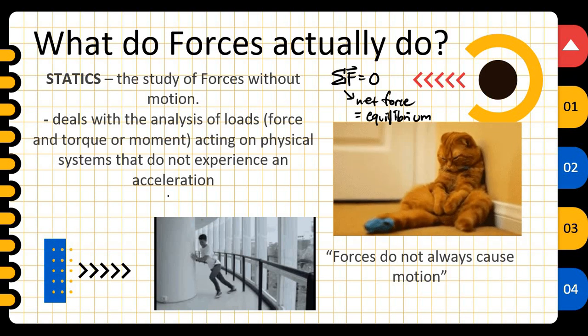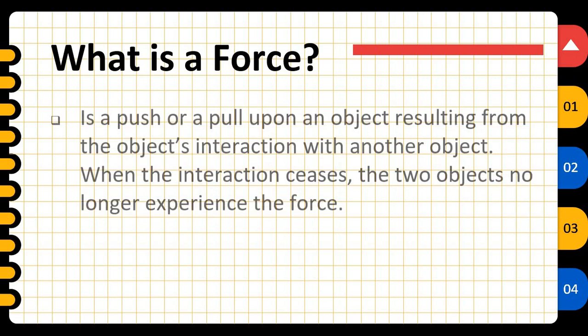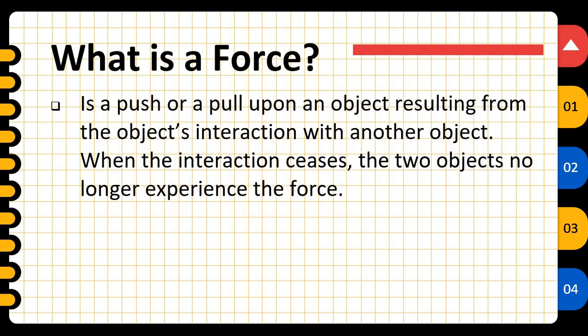So right now, since we're done with the identification of dynamics and statics and all of these subtypes and types of forces, let's deal with what a force actually is. So what is a force? Right, it is a push or a pull. But how can we identify whether a force is already present inside the system? We can know that a force is present in a system if there is an interaction between two different objects.